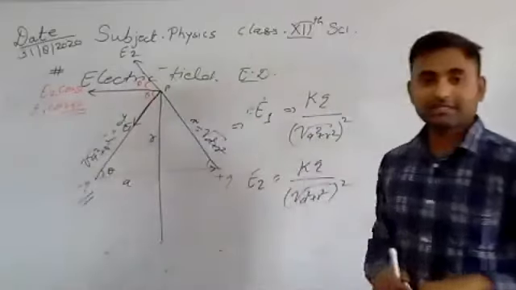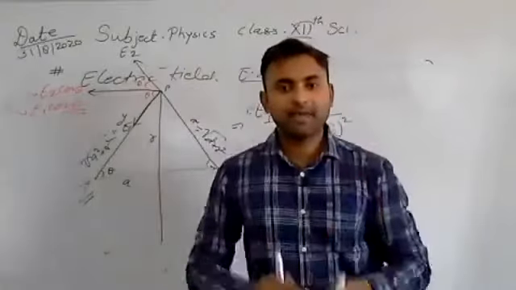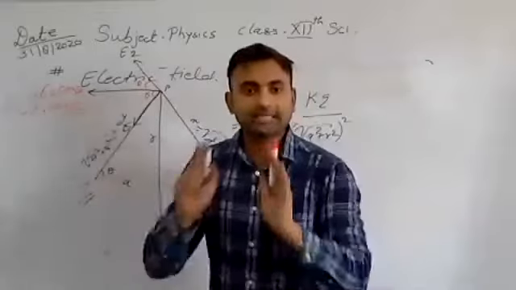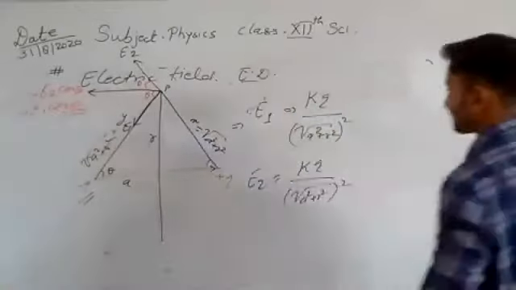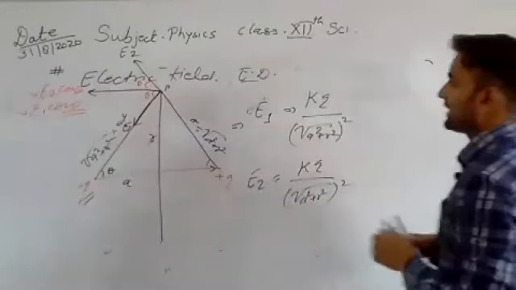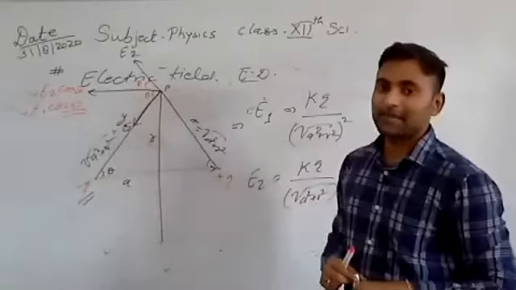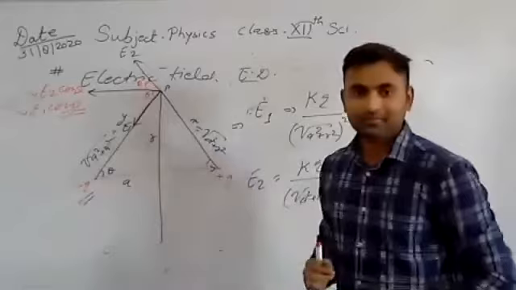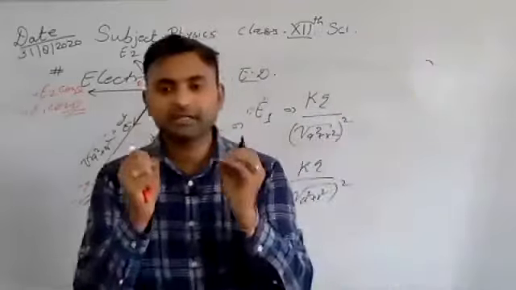E1 and E2 are the same in magnitude and theta is also the same, which means E1 and E2 will be the same. If it is theta, it is theta. I need to find out the total resultant of the electric field.